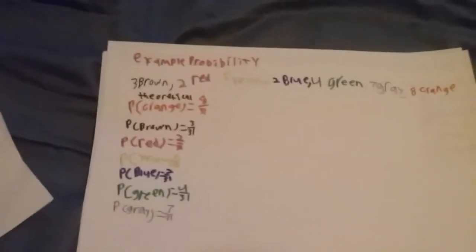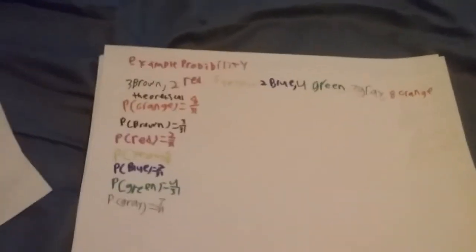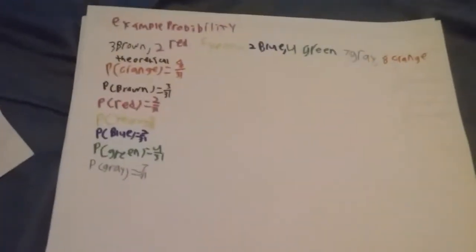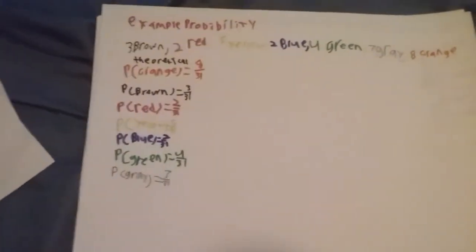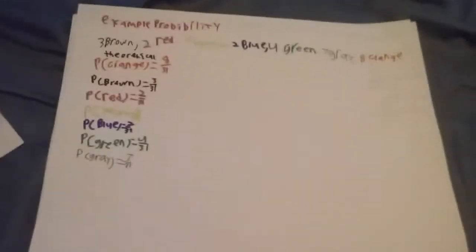Let's start off with orange. You would have 8 out of 31 chances of pulling an orange card because there's 31 in total. You have 8 orange. And so if you wanted to pull a brown, you would have 3 out of 31 chances, and so on.